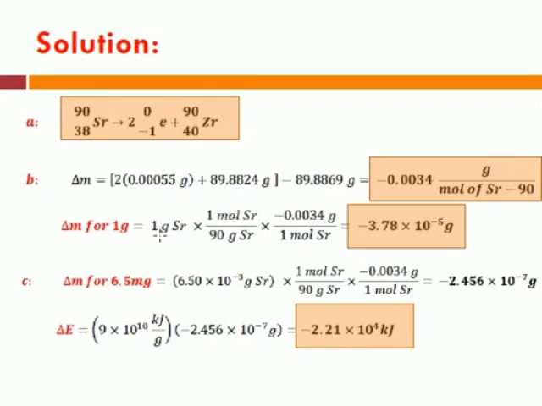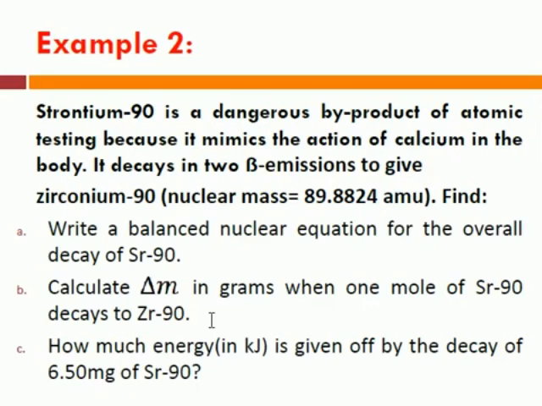So, cancel this one, and the remaining unit will be the gram. So, we have negative 3.78 times 10 raised to negative 5 grams. Then, for letter C, how much energy in kilojoules is given off by the decay of 6.50 milligrams of strontium-90? For letter B, that was delta M for 1 gram.